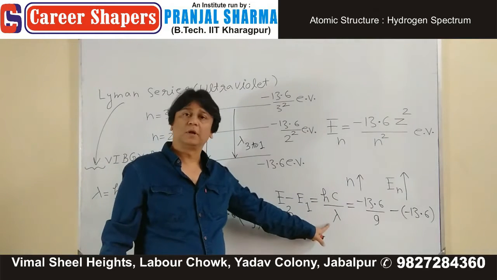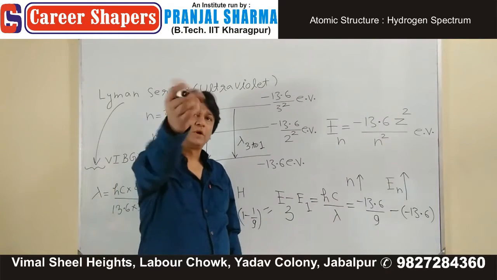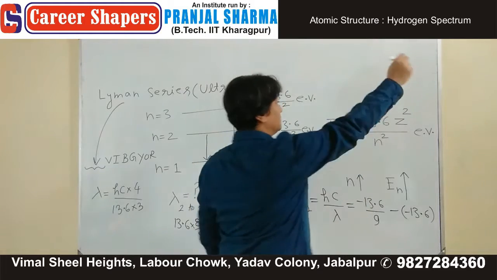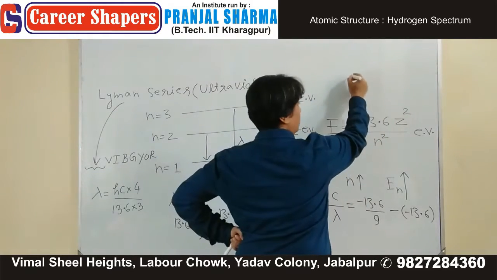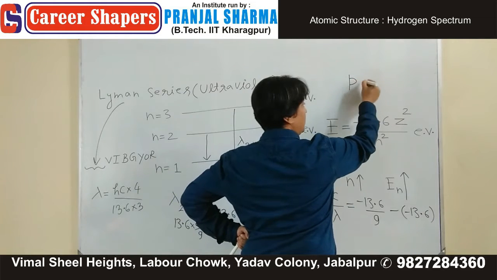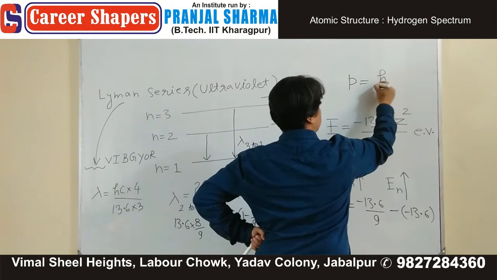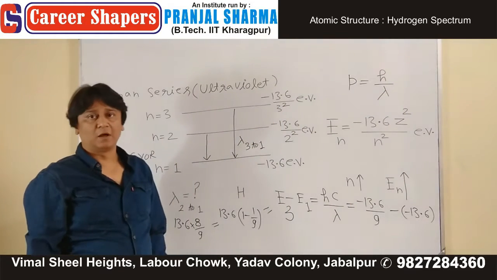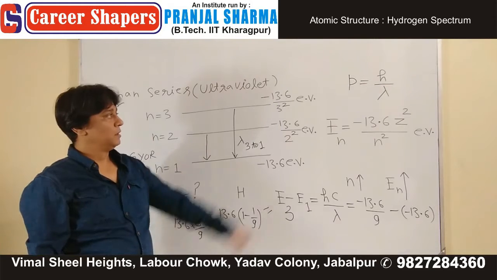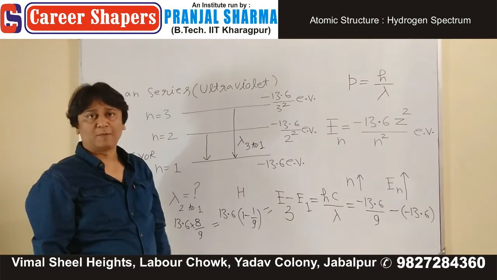hc upon lambda. But what is de Broglie's hypothesis? De Broglie says that linear momentum is h upon lambda. That's what de Broglie's hypothesis is.